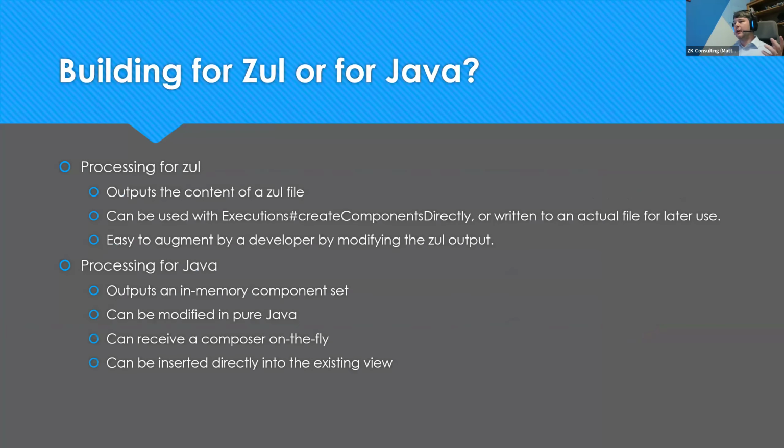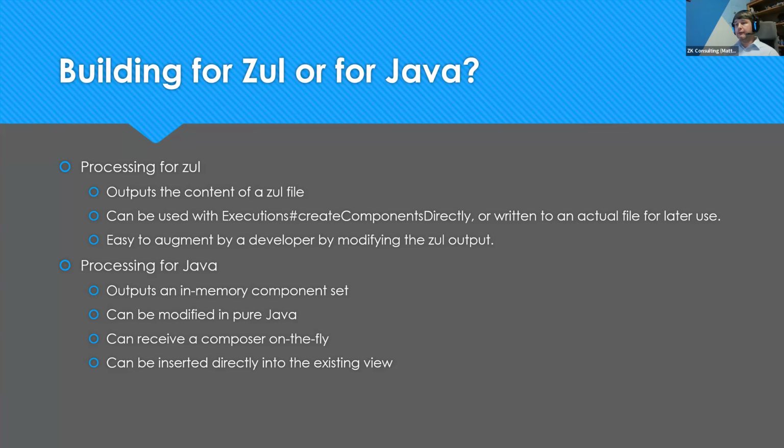All right. What do we want to build our form model as? We can build it as ZUL code or we can build it as Java code. As I mentioned a moment ago, if we build it for ZUL, what we will generate is ZUL text, which can be used directly to create components with Executions.createComponents, or can be stored into a file to be used or modified by a developer.